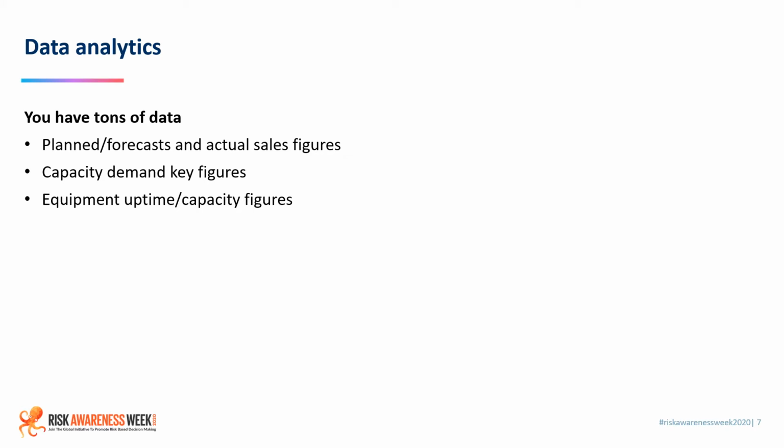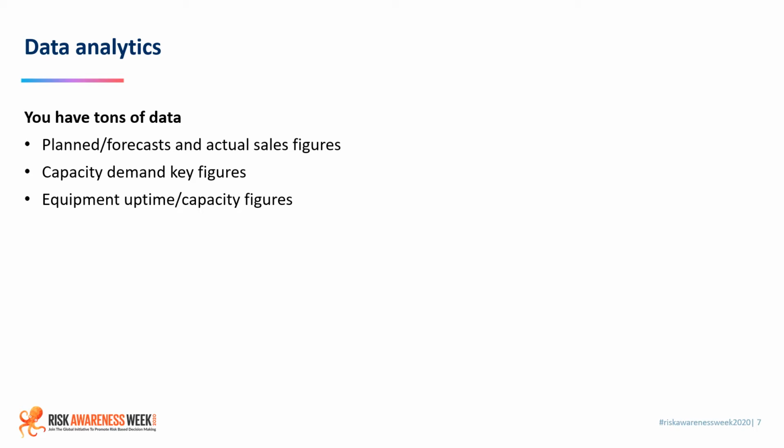The first step is data analytics. Now, in a lot of decisions and a lot of approaches and changes that companies are making, data can be elusive and hard to find and very vague. Here we have tons of data. We have planned, forecasted, and actual sales figures from years going back, from markets, from regions, from everywhere.